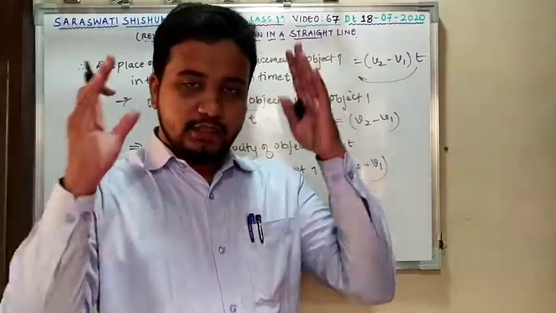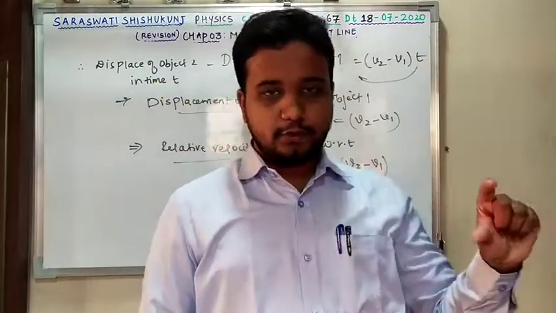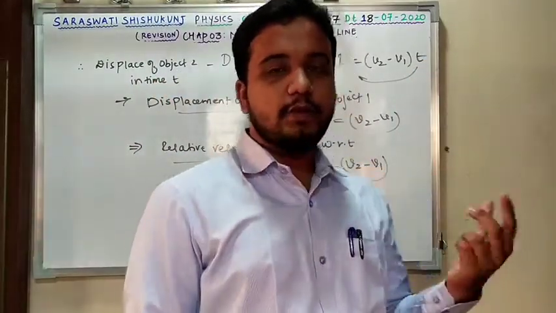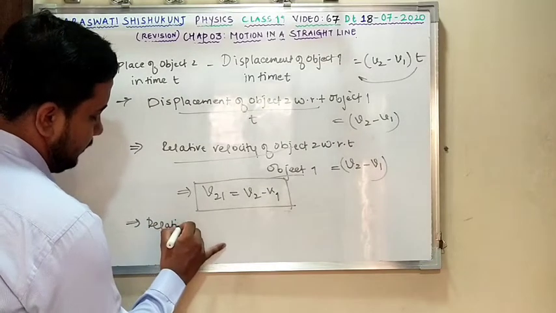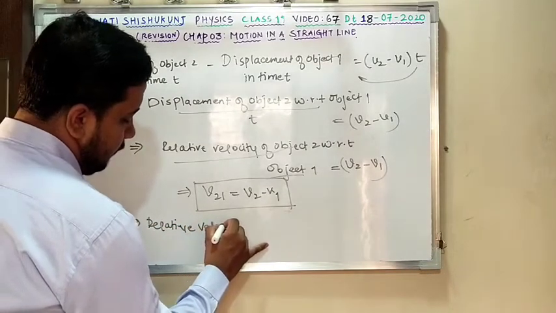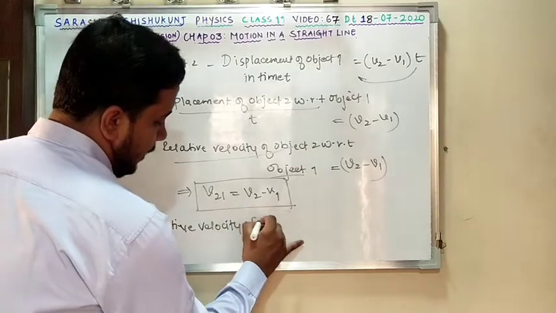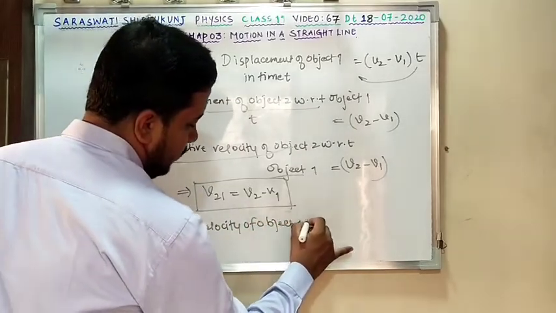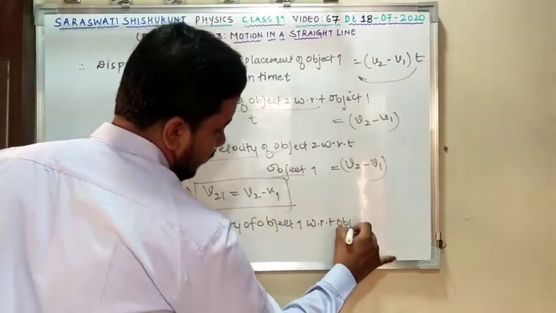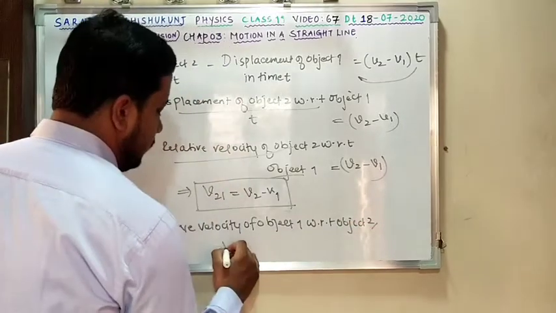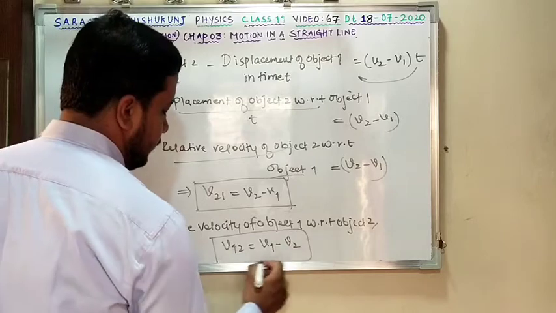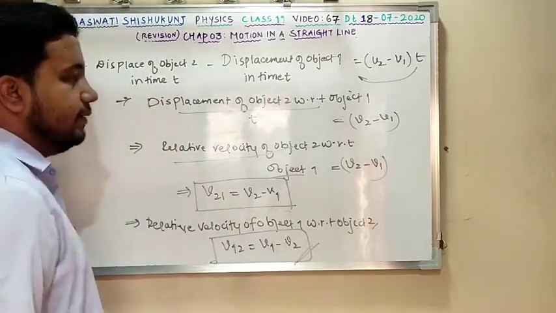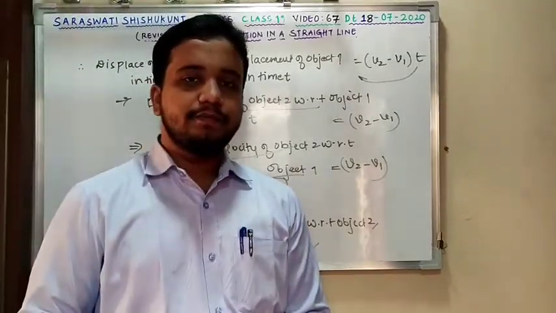And in this derivation, if you do 1 minus 2, what are we going to get? Relative velocity of object 1 with respect to object 2, v12, that is v1 minus v2. Is this clear? 100%? Thank you.